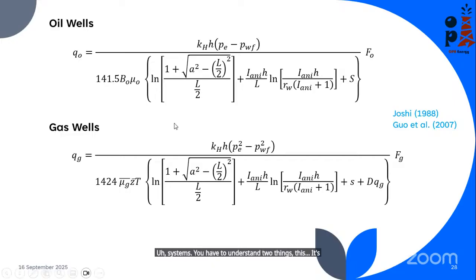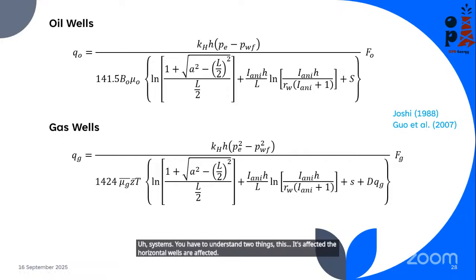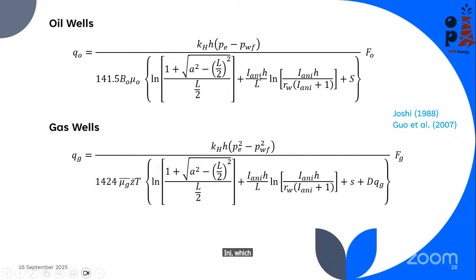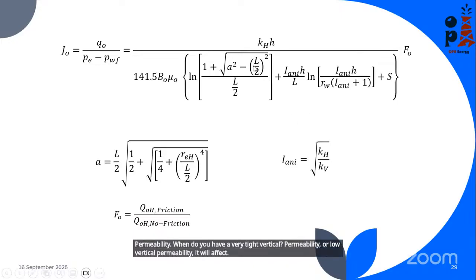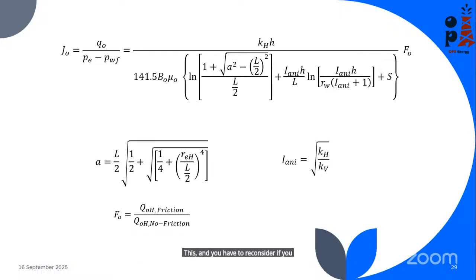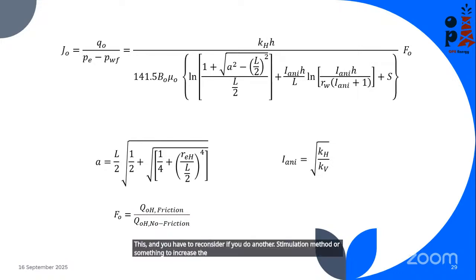First, horizontal wells are affected by anisotropy, the ratio between horizontal and vertical permeability, and the flow coefficient in both the gas and oil equations. When you have very low vertical permeability, it will affect this, and you have to reconsider whether to use another stimulation method to increase the vertical permeability.